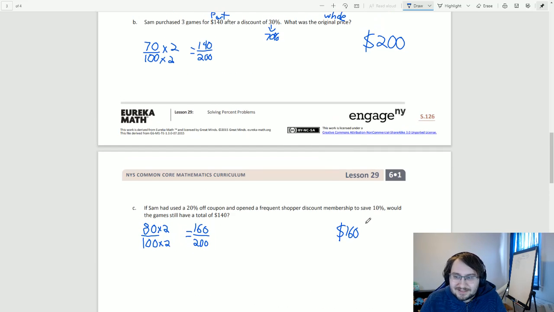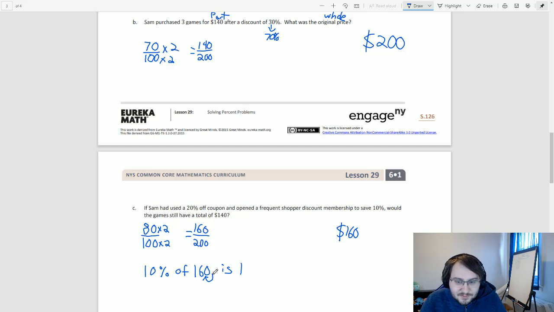So, to take off 10%, well, what I could do is I could do 90 over 100, but we kind of just learned a super quick rule for finding 10%. If I want 10% of my newly found $160, all I'm going to have to do is move my decimal over to the left one.